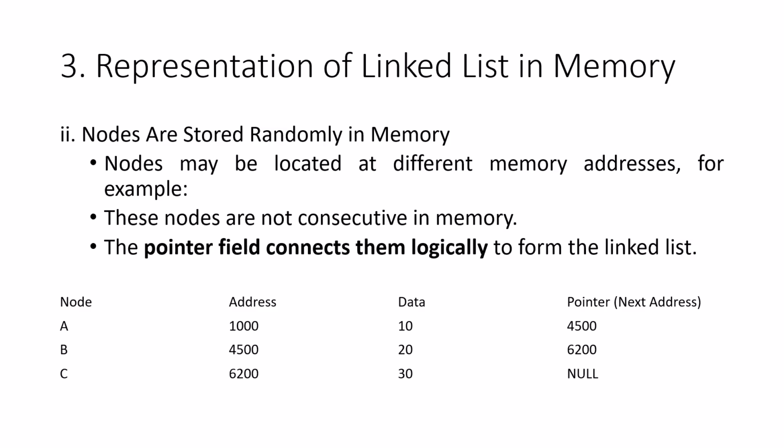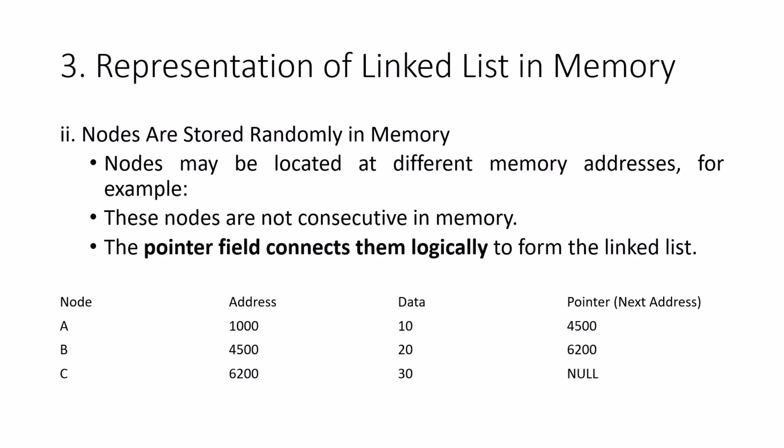In a linked list, the nodes are stored randomly in memory. This means each node can be placed at a different memory address, not one after another, like in an array. Even though the nodes are not stored consecutively, they are still connected. How? Through the pointer field inside each node.